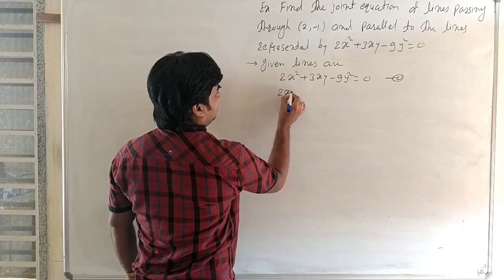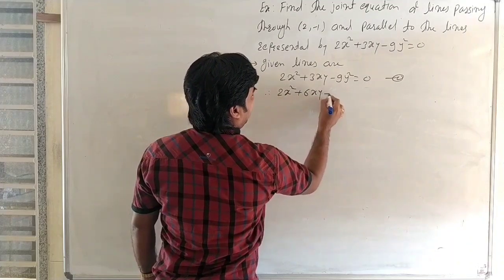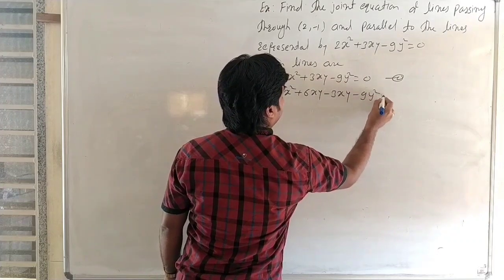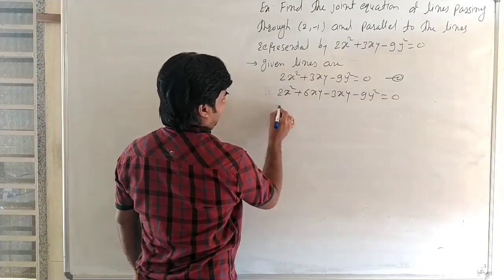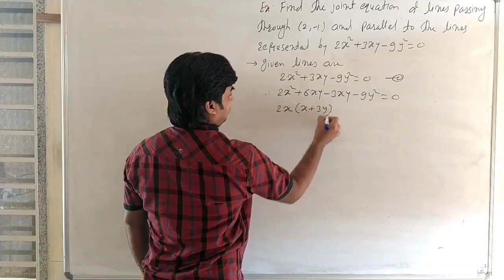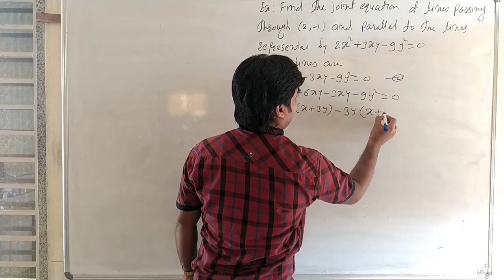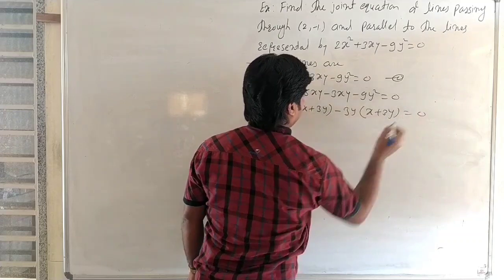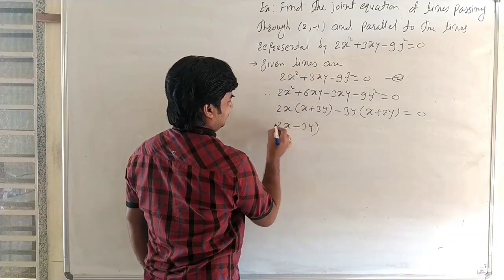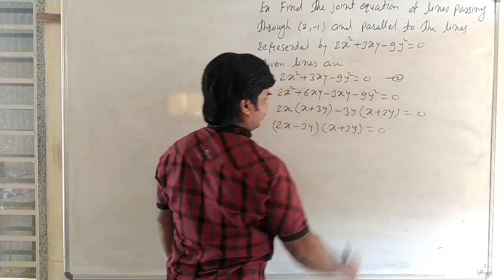Therefore 2x square plus 6xy minus 3xy minus 9y square is equal to 0. Then 2x into (x plus 3y), minus 3y common, then again (x plus 3y) is equal to 0. Therefore (2x minus 3y) and (x plus 3y) is equal to 0.